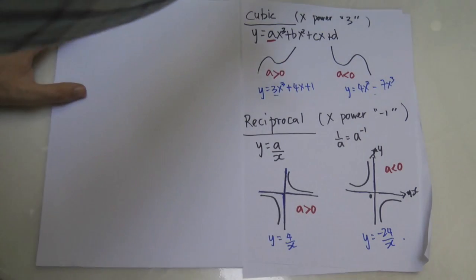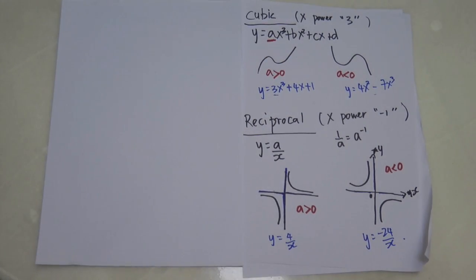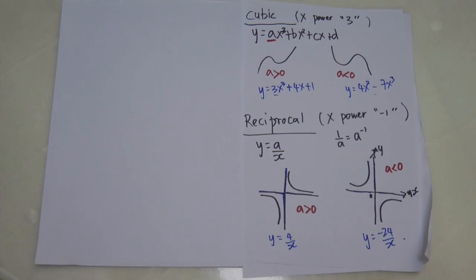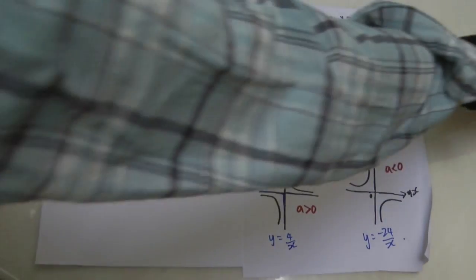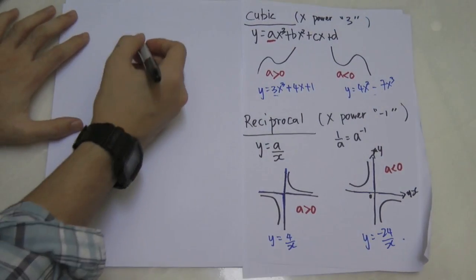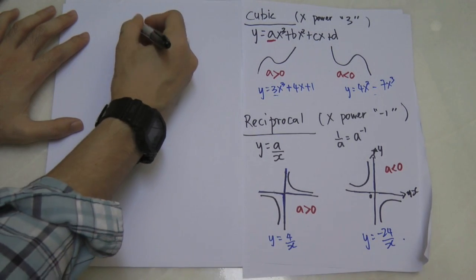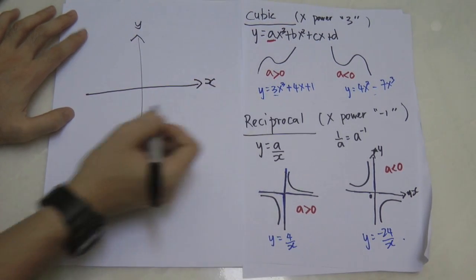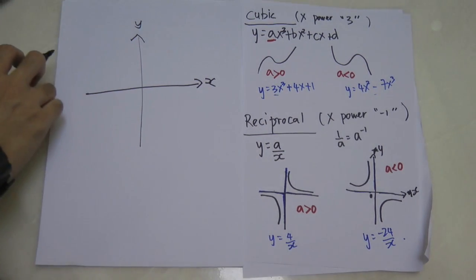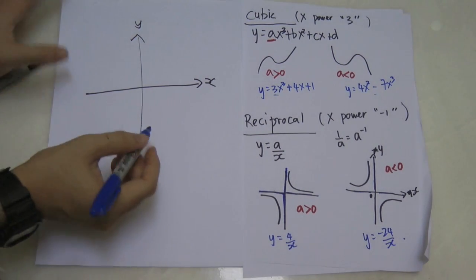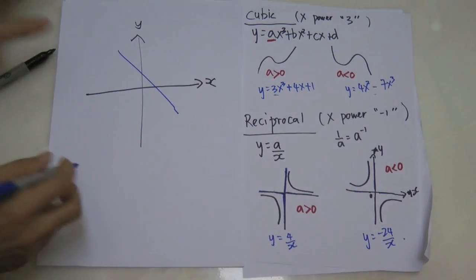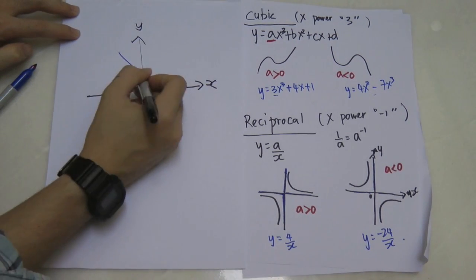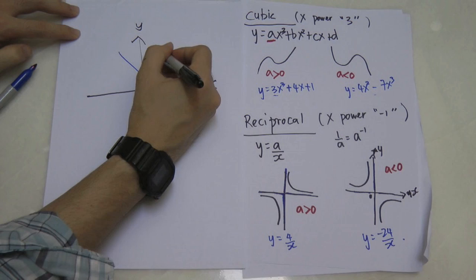Now if we want to solve the exam questions, something very important is what we call the x-intercept and y-intercept. Let's say I just randomly draw a straight line over here. This one intercepts the y-axis, so we call it the y-intercept.